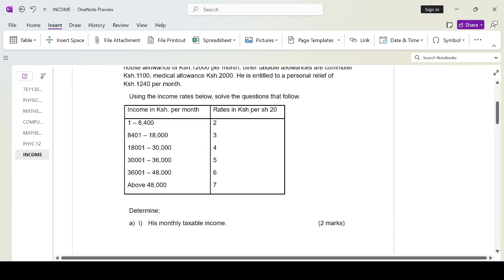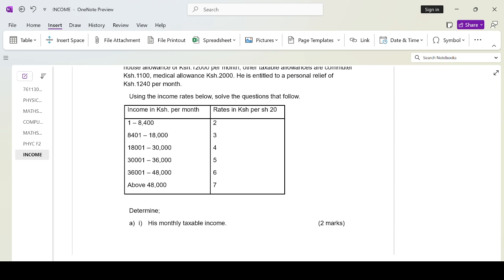So learners, you can see we have a table with two columns. The first column is income in Kenyan shillings per month. Then the next column is rates in Kenyan shillings per 20 shillings.